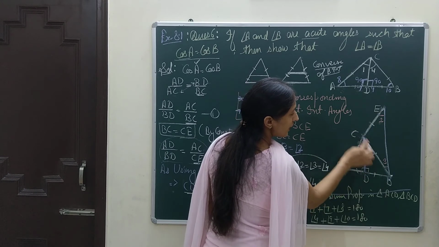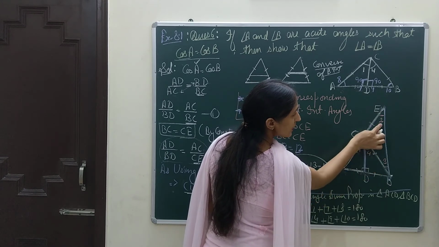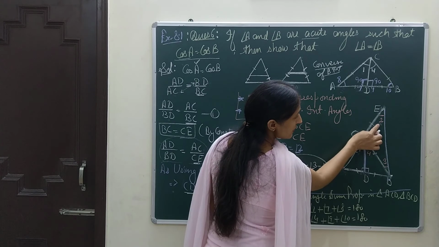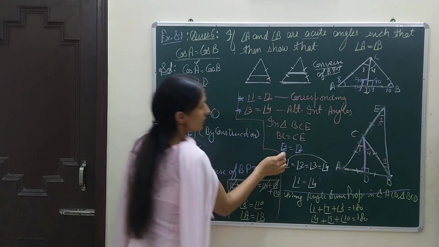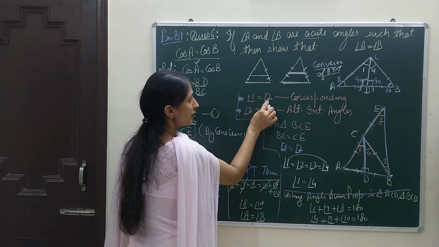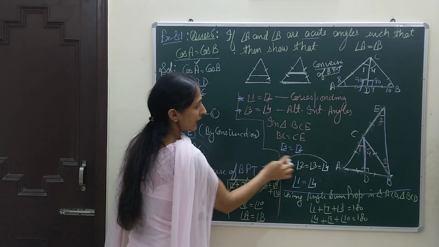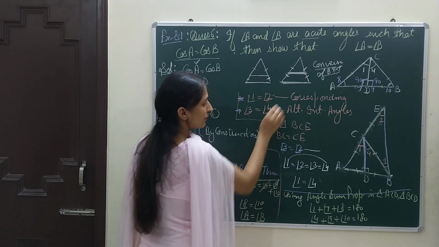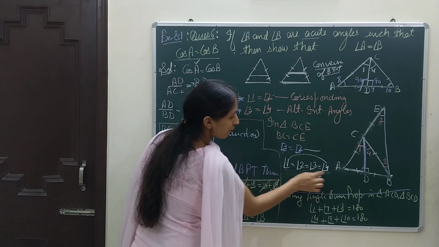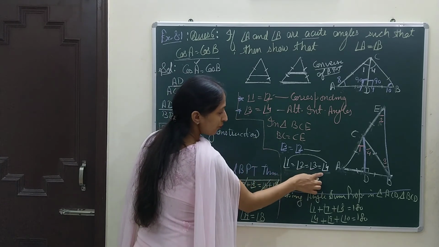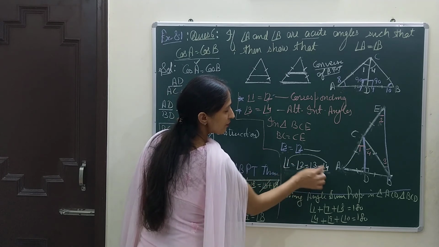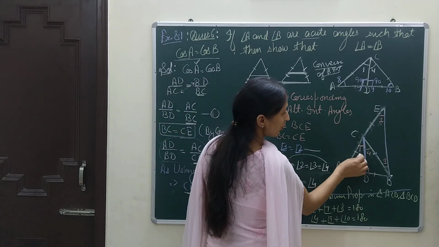If two sides are equal, then their opposite angles must also be equal. That means angle 2 is equal to angle 3. So we have three results: 1 equals 2, 2 equals 3 and 3 equals 4. When we combine these, all four angles are equal. That means the first angle is equal to the fourth angle, and this is what was required.